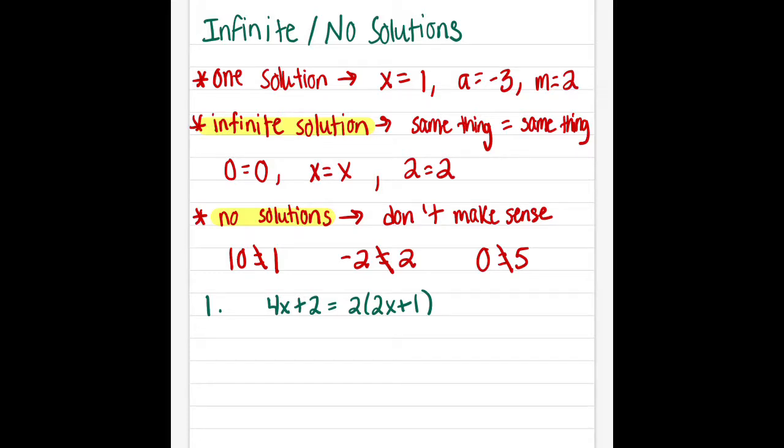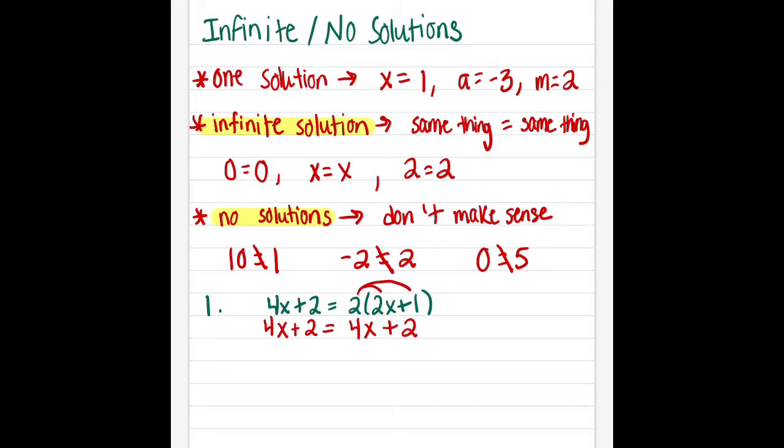So like we have been doing for the last few days, we're going to start simplifying this equation by distributing 2 to both parts in the parentheses. We are going to write down 4x plus 2 equals, and then multiply in that number in front of the parentheses. So 2 times 2x gets us a 4x, and 2 times 1 gets us a +2.